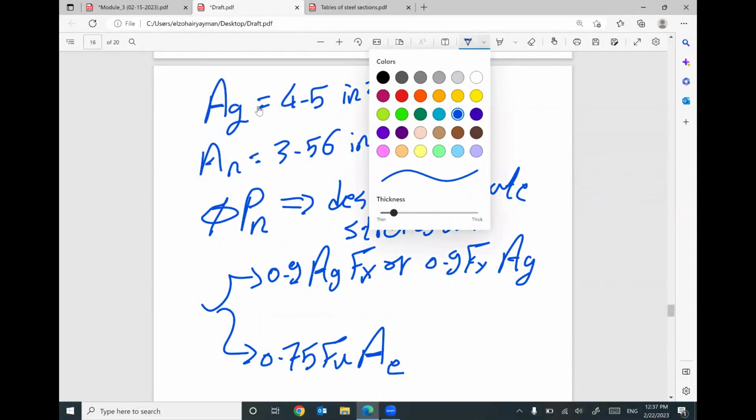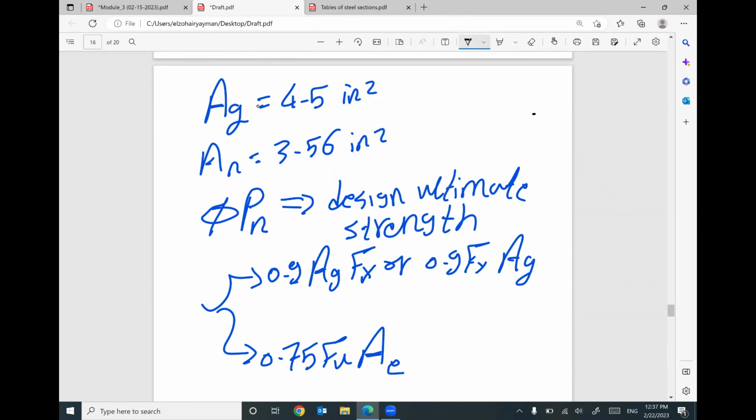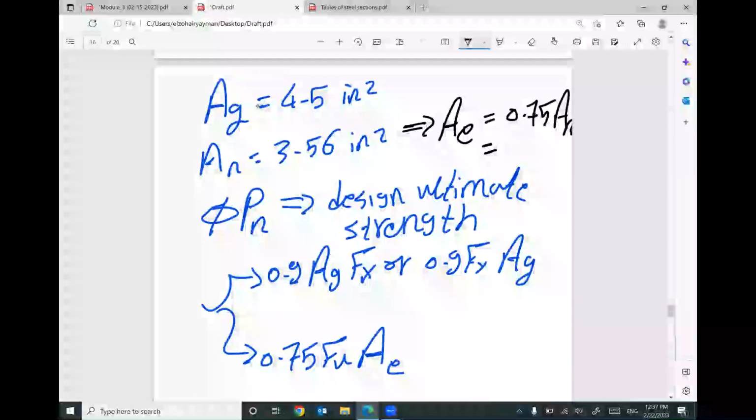I forgot to say area net equals this number, so area effective will be 0.75 area net. So your value will be 3.56 times 0.75. It will be 2.67.